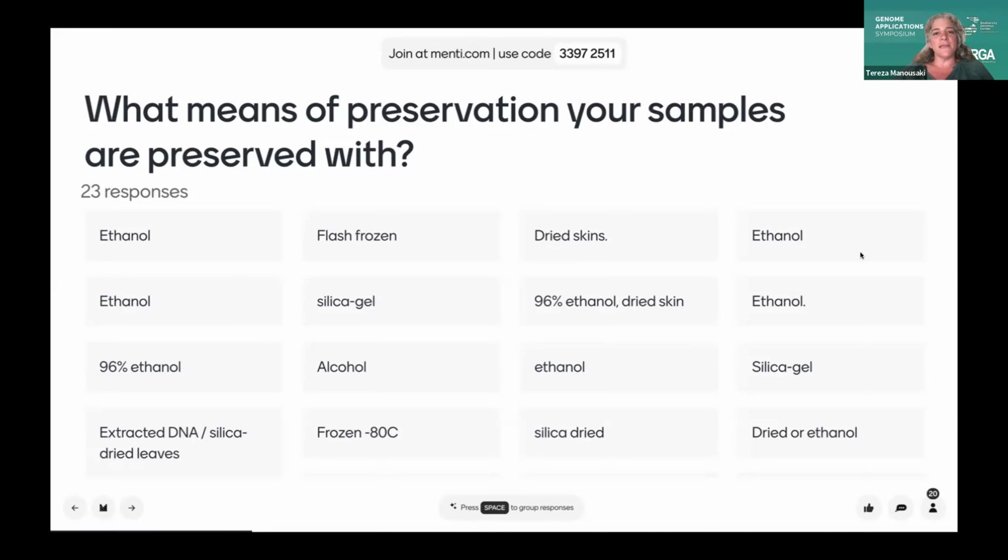And I guess it's also a matter of, yeah, José. I was the one that wrote dried skins because we work with some museum samples that are from 50 to 100 years old, or even a little bit older. The main issue there is that we often don't know exactly what kind of treatment the museum specimens went through.